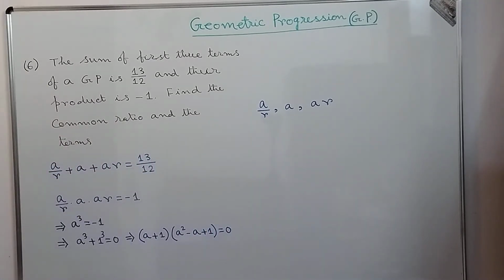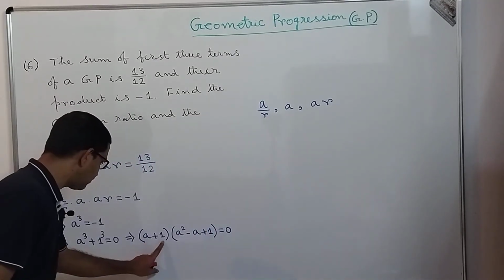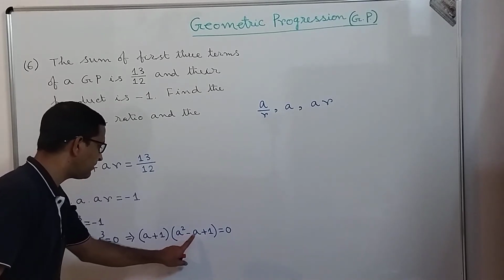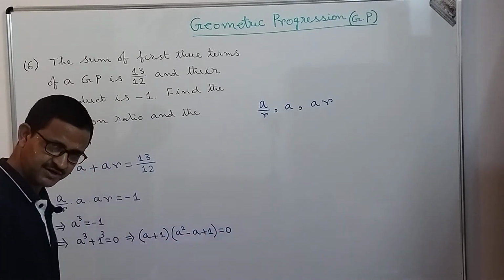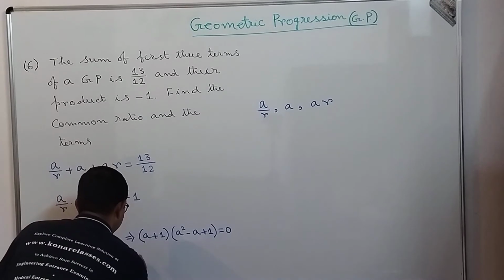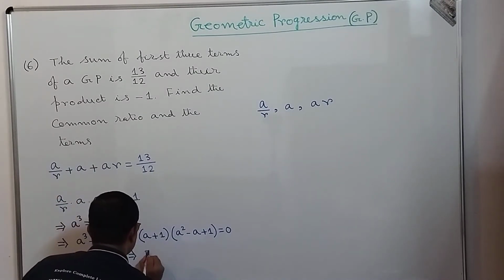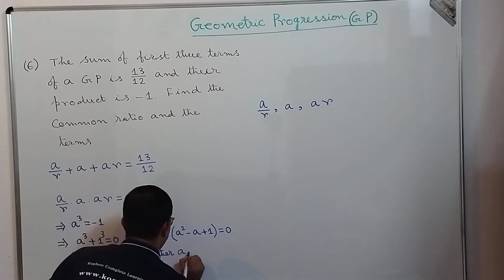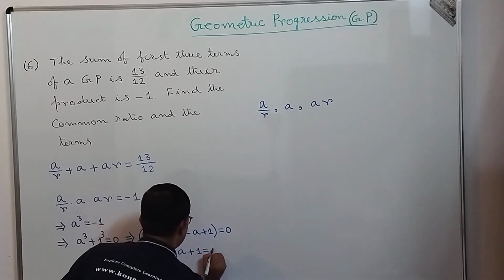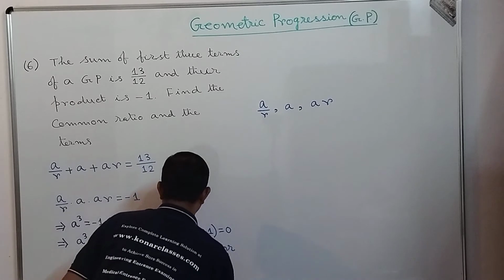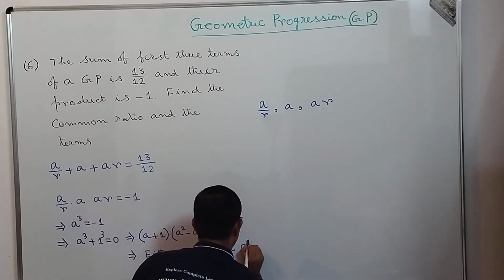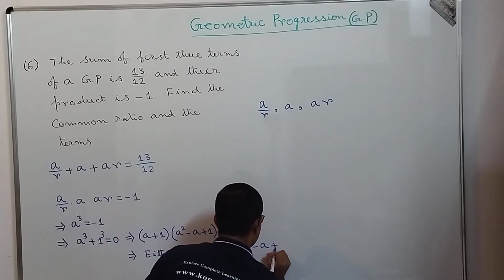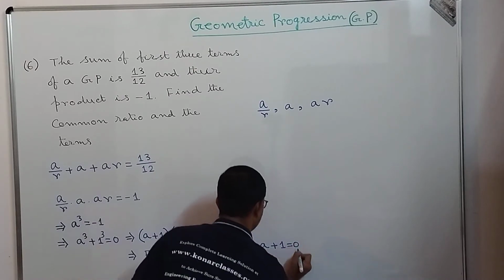That means either a plus 1 equal to 0 or a square minus a plus 1 equal to 0. Correct or not? So this implies either a plus 1 is equal to 0 or a square minus a plus 1 equal to 0.